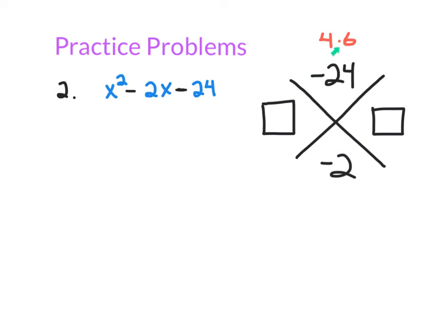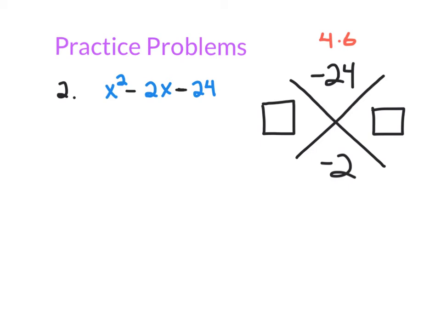That means with the rules of integers, one of them has to be positive and one of them has to be negative. Well, when you combine them, you want it to equal negative 2. So, therefore, if you have a negative 6 and you add 4, you would get negative 2. Or you could say 4 minus 6 gives you negative 2.